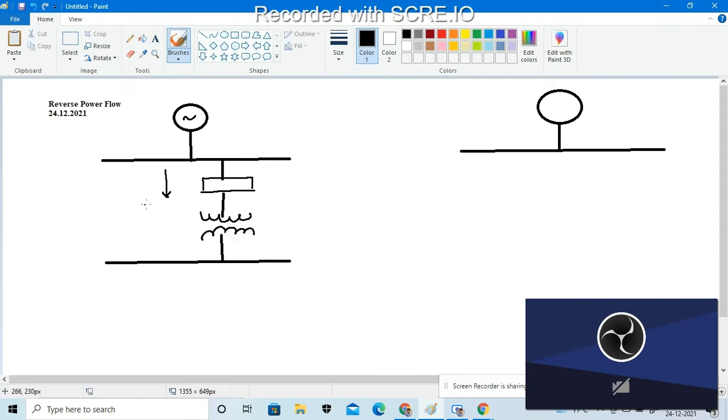Then there is another feeder load connected across. This is my feeder load. Over here we are connecting another load.